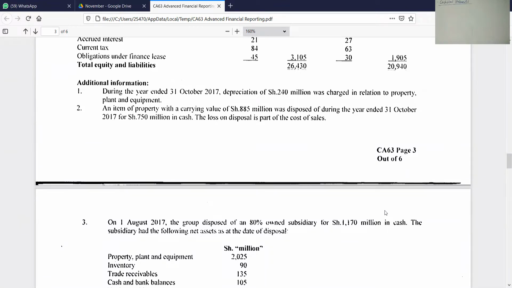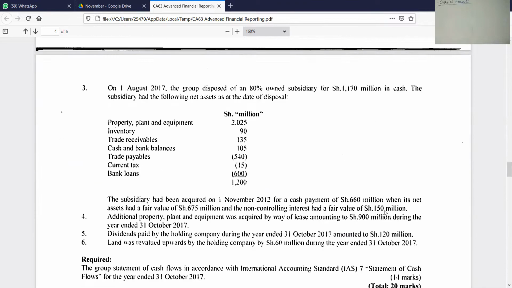The loss on disposal is part of cost of sales. Number 3, on 1st August 2017, the group disposed of an 80% owned subsidiary for 1170 in cash. The subsidiary had the following net assets as at the date of disposal.